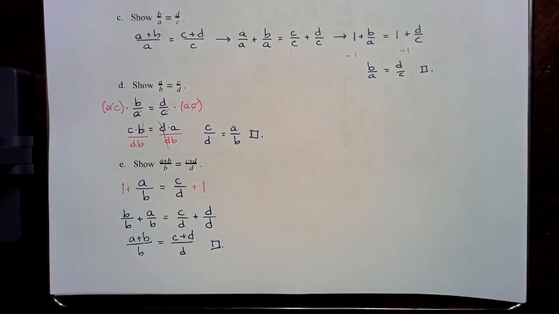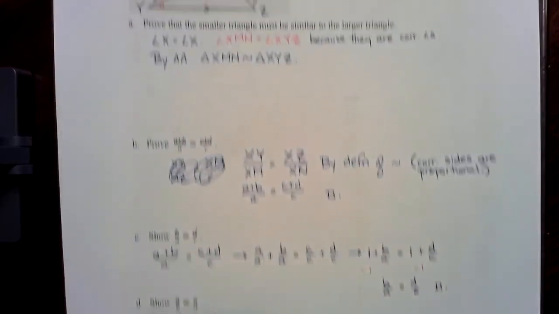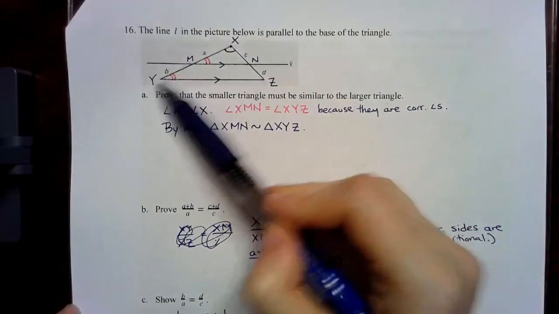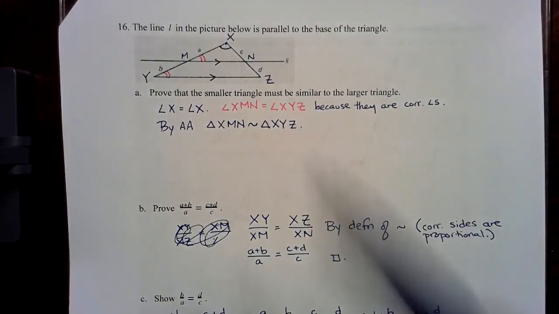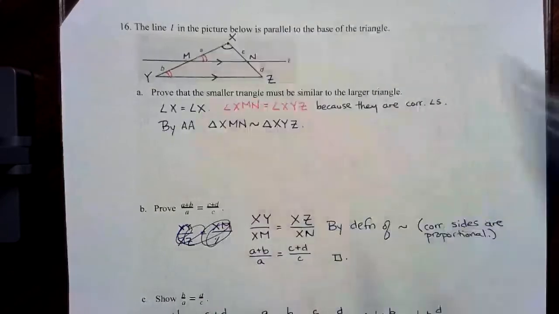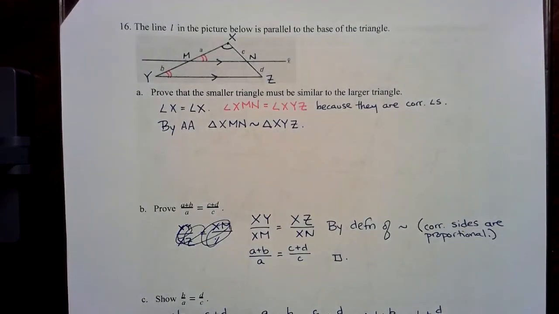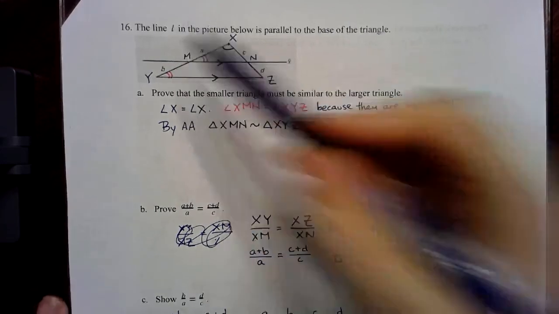So why did we do all of these manipulations? Well, it shows us that when we cut a triangle with a parallel line, this little triangle is similar to the big triangle, and we have pretty much all the ratios we could possibly want, right?